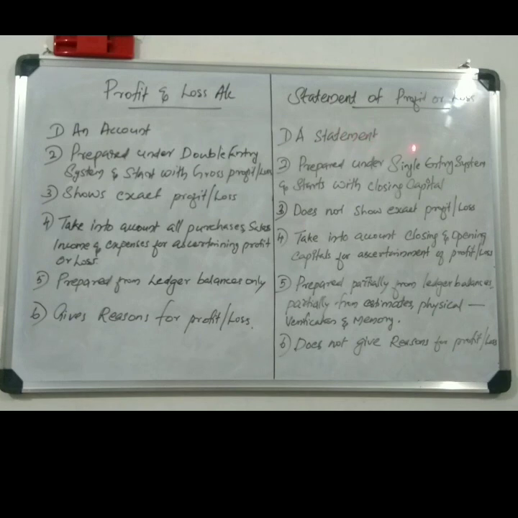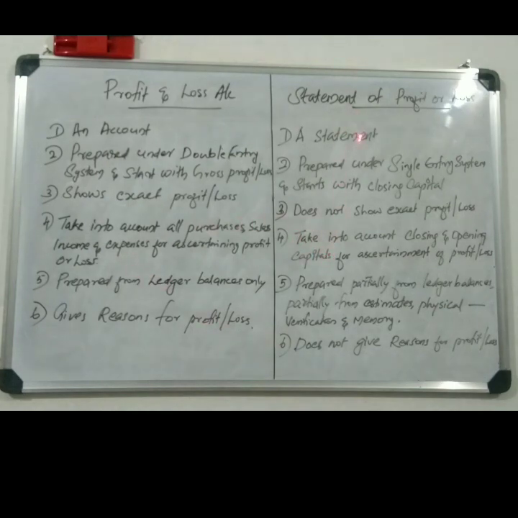Profit and loss account shows the exact profit or loss because we take into consideration all the accounts. Whereas the statement of profit or loss does not show the exact profit or loss, because we consider only the closing capital and opening capital. In profit and loss account, we take into account all purchases, sales, incomes and expenses for ascertaining profit or loss.